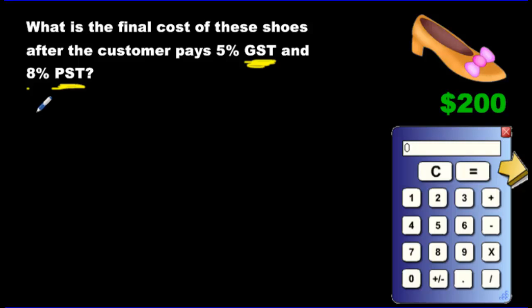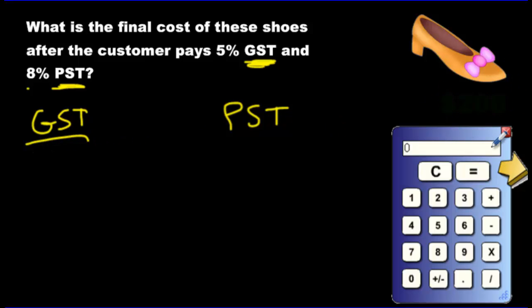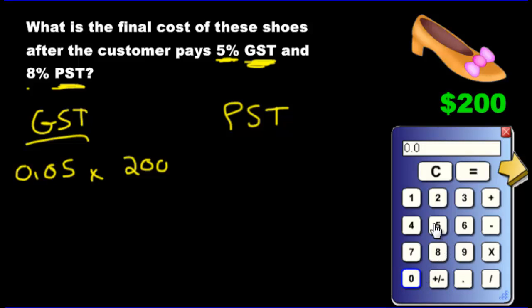So let's do this separately, GST and PST. We need to charge GST onto this price. So we're going to get 5% GST. What's the question you're going to ask yourself? What's 5% of 200? What's 5% as a decimal? Decimal 0.05. Don't get confused there. Multiply that by 200. 0.05 times 200, and we get $10.